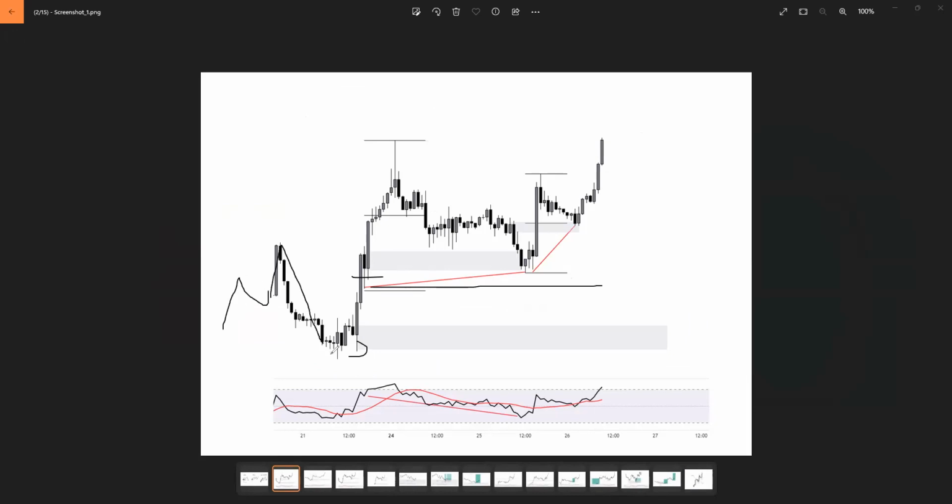Why? This, this, this. But there was a new liquidity that was created. This is a failure swing. And then price came within this zone, and then started to go up, left you with this one. So this is the source for this break.